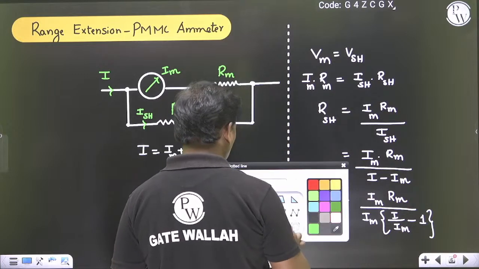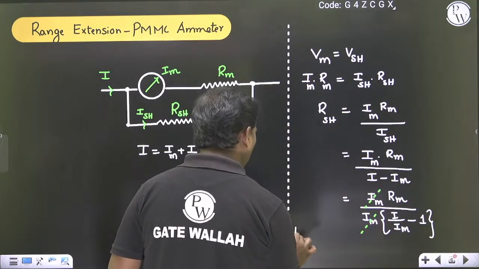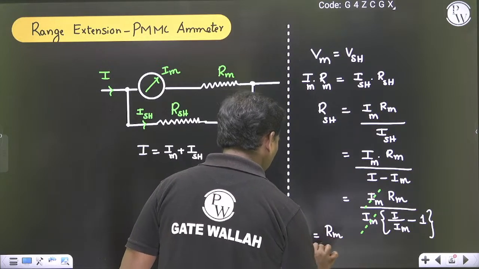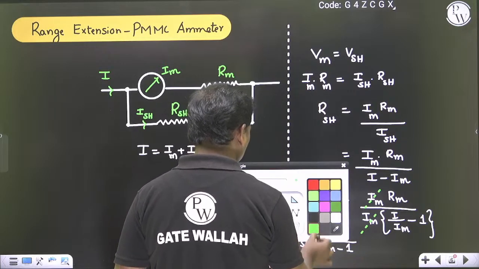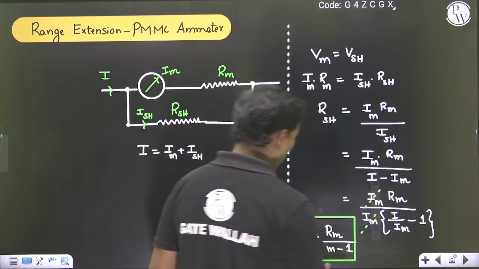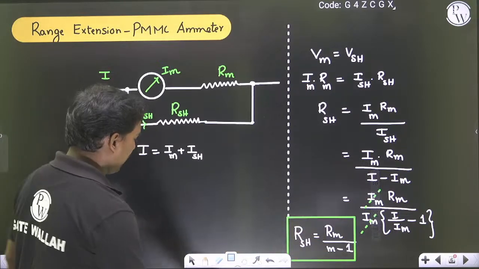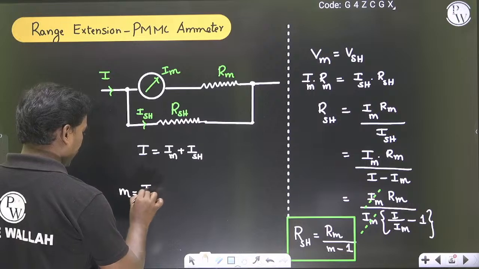So the shunt resistance formula is RM by (M minus 1), where M is called the multiplying factor, I by IM.